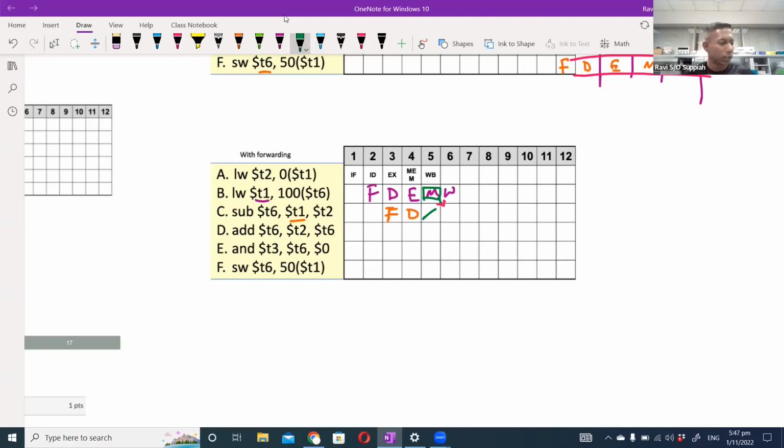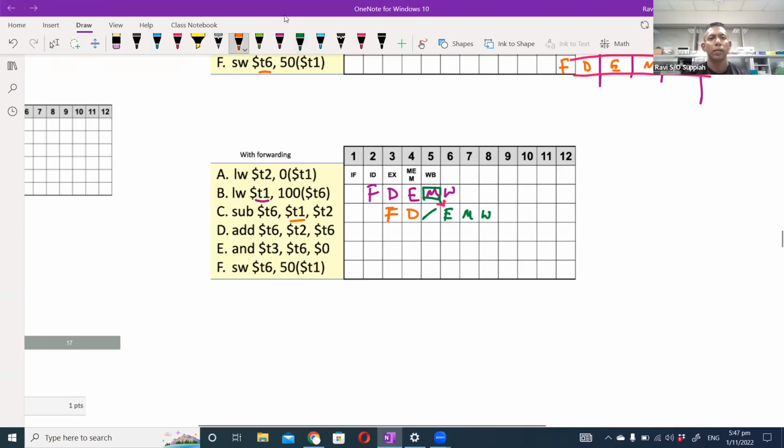So when I forward it, the exe stage will come here, and then I will do the memory and write back. So I can execute once the earlier instruction has completed the memory stage.